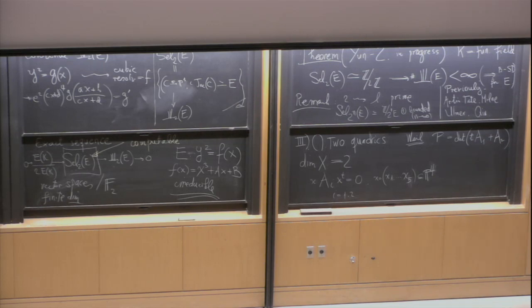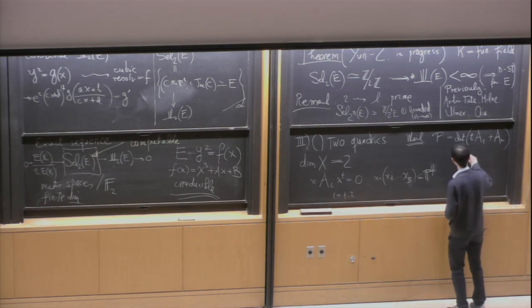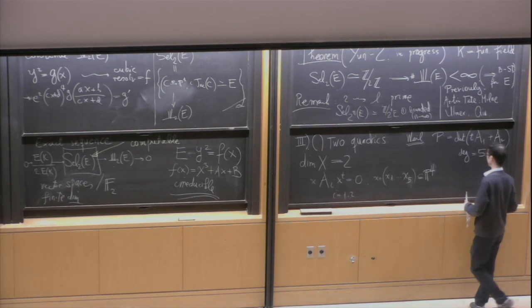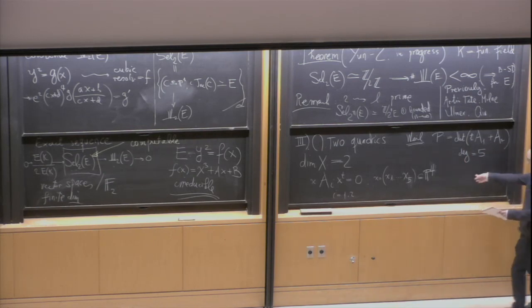This polynomial of degree 5 gives you, in some sense, an invariant to attach to the two quadratic forms.